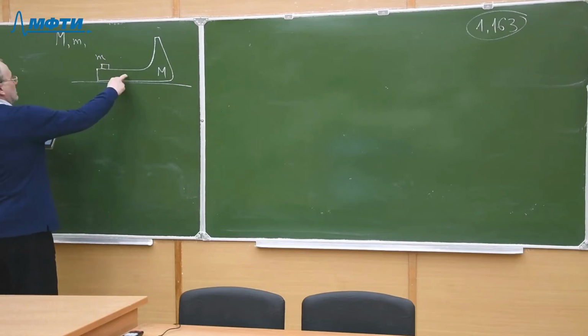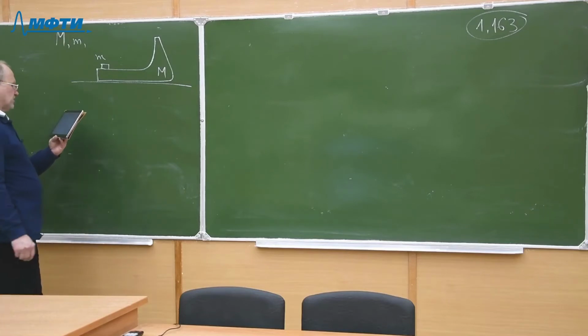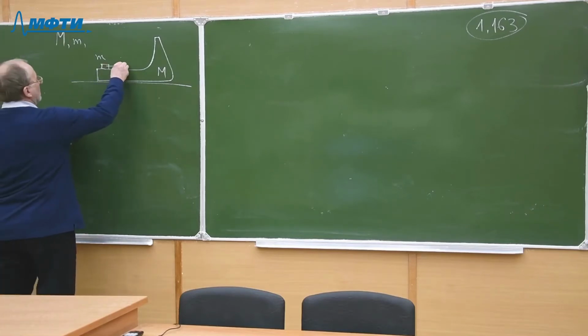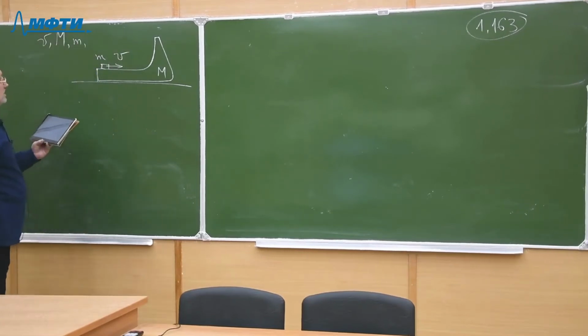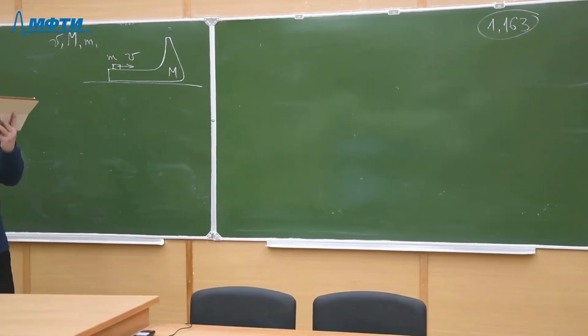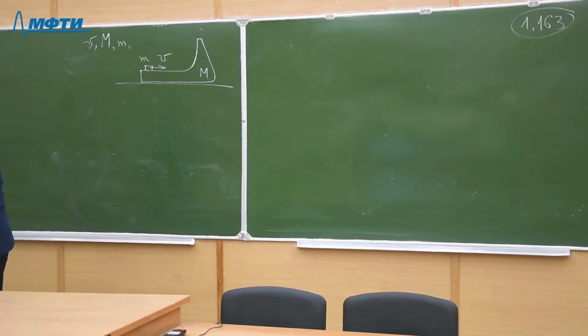And this body rests on a horizontal surface without friction, and the disk is set in motion in the horizontal direction with velocity v. So the initial velocity of the small disk is given. To what height relative to the initial level will the disk rise after breaking off the body M? The friction is assumed to be absent.